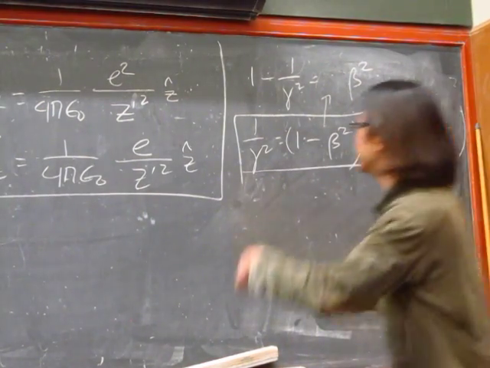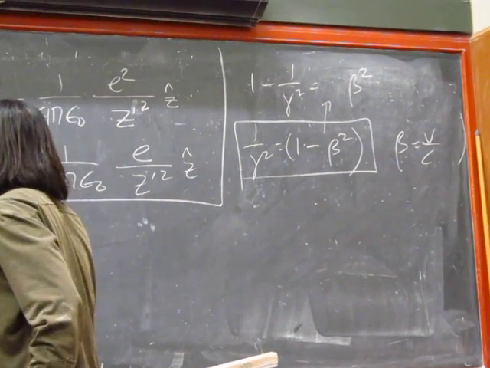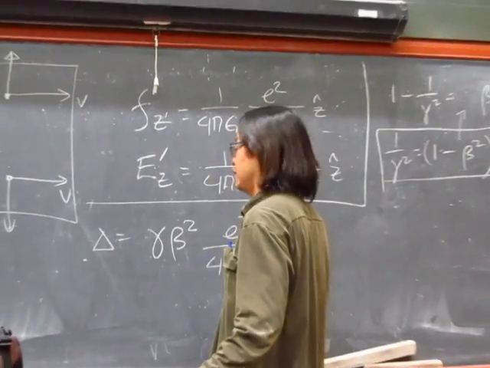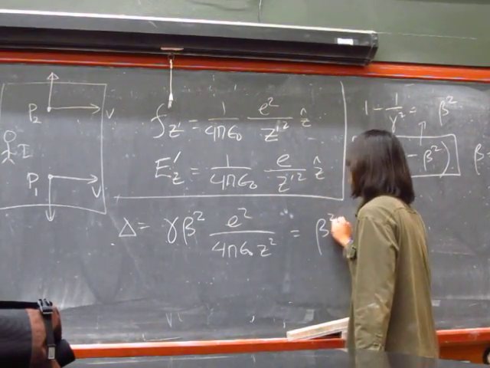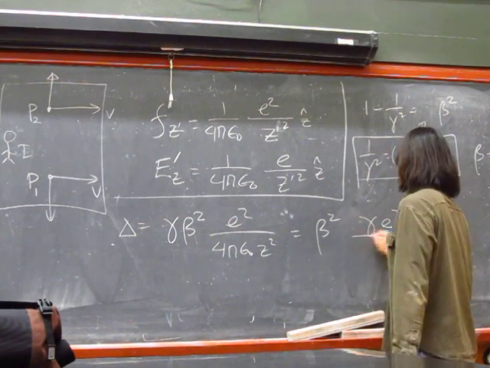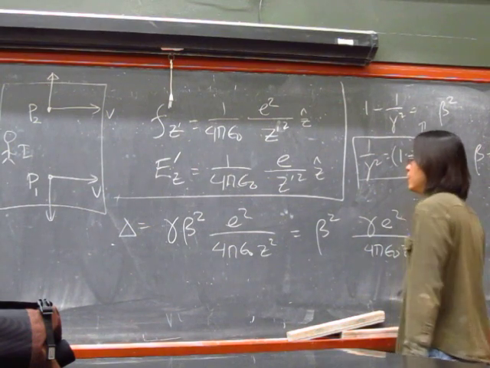Then the discrepancy delta just becomes gamma beta squared E squared over 4 pi epsilon naught c squared. Let me recreate this. This becomes beta squared gamma E squared over 4 pi epsilon naught c squared.